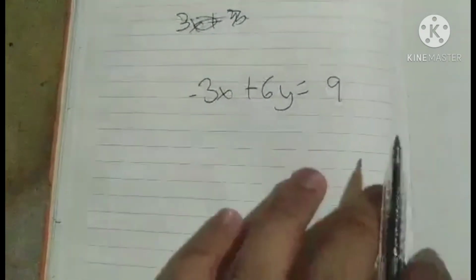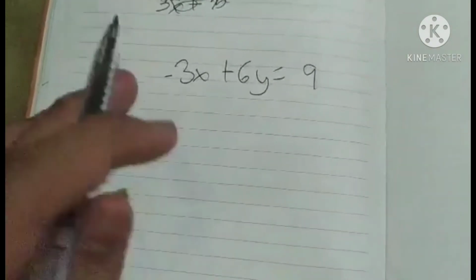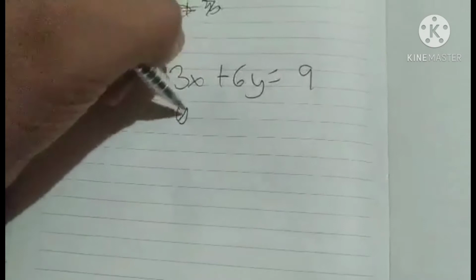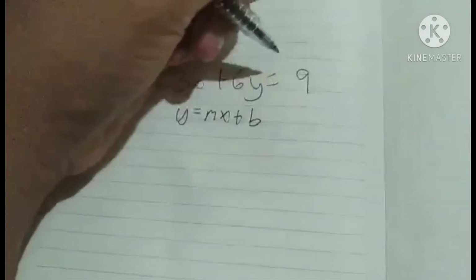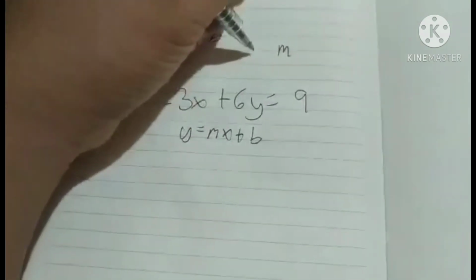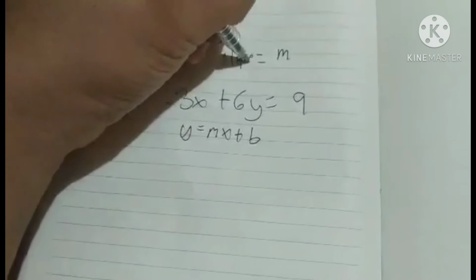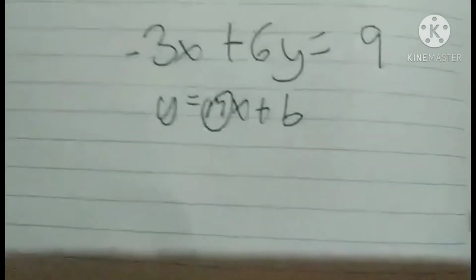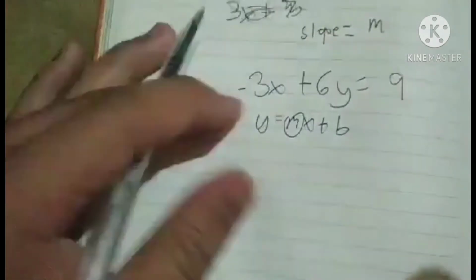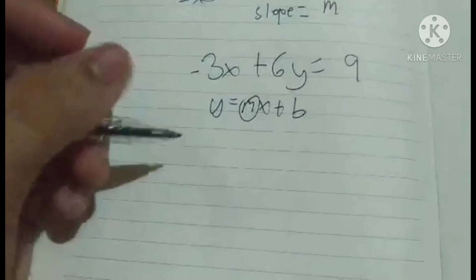So we have our standard form linear equation here. We're going to turn it into slope-intercept form, which is y is equal to mx plus b. And here the slope is represented by the symbol m. So it's this one. To solve this, we have to rewrite the given equation.